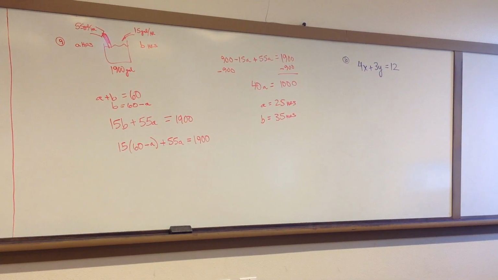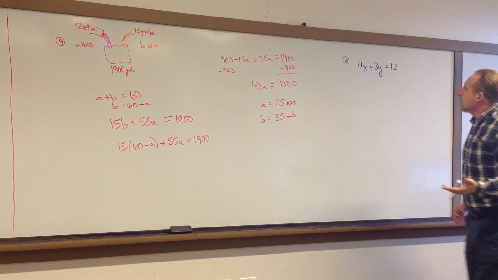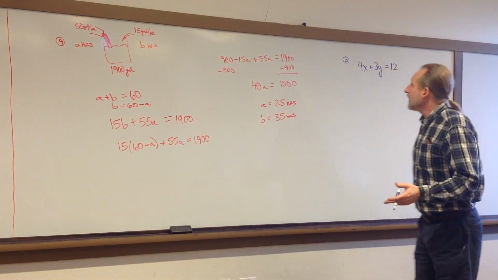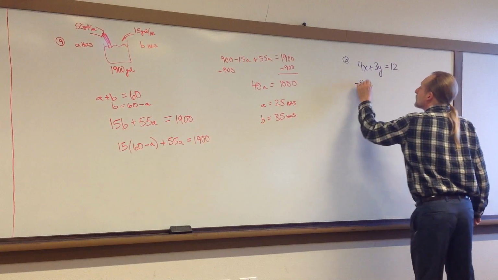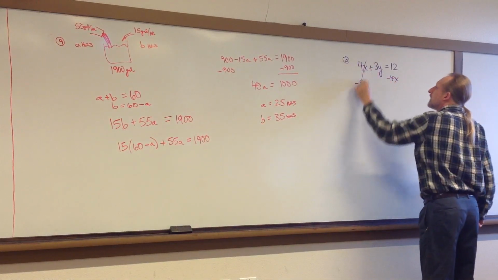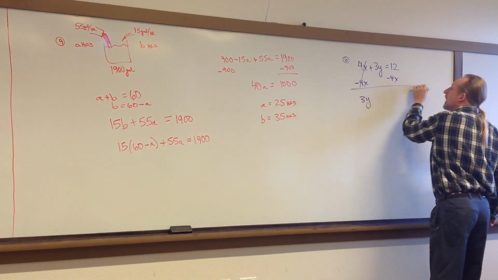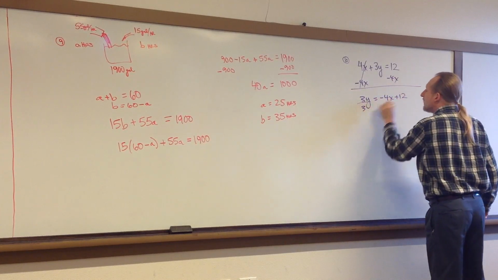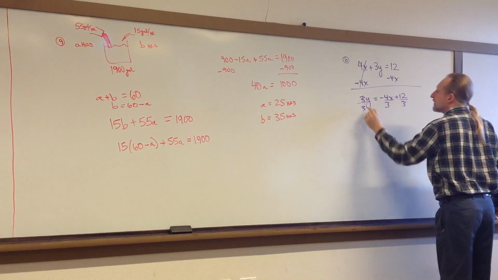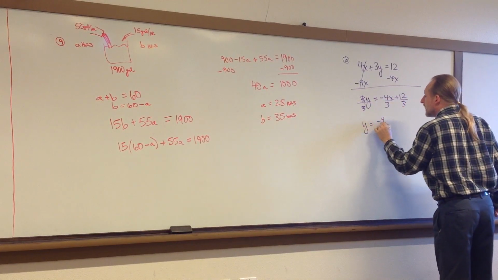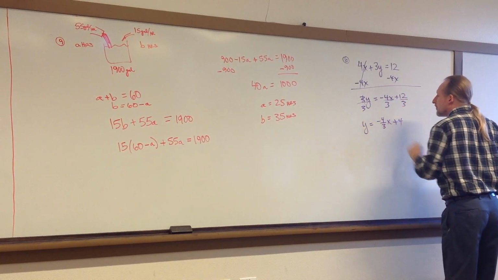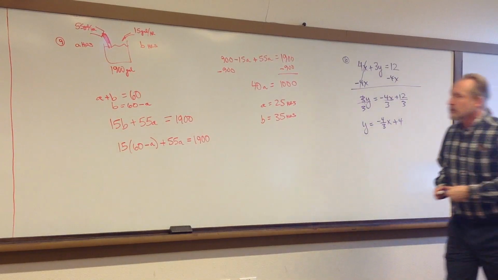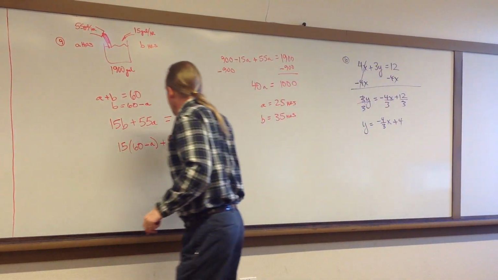And so really, a good way to do these problems is to get the y by itself, right? So I'm going to subtract 4x on both sides. So 3y is negative 4x plus 12. And then divide everything through by 3. So y is negative 4/3 x plus 4. Okay, so that's a nice slope-intercept form.